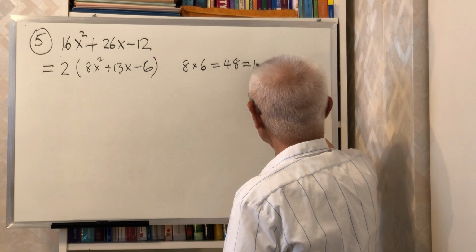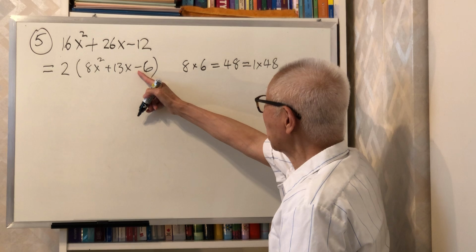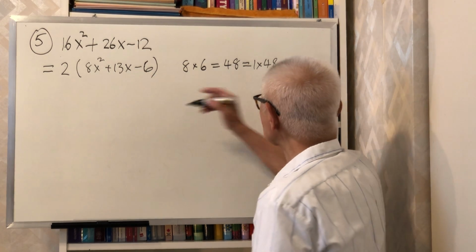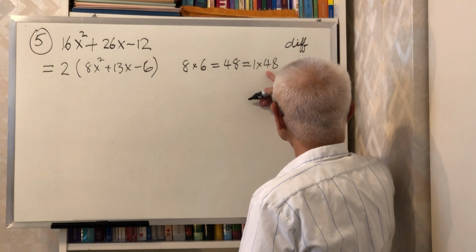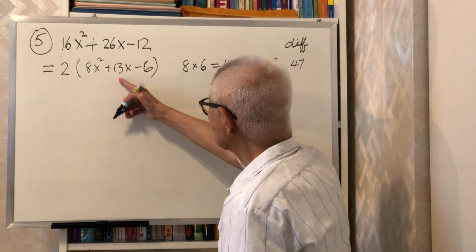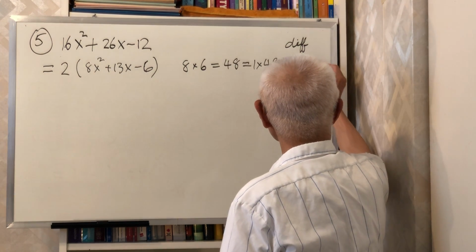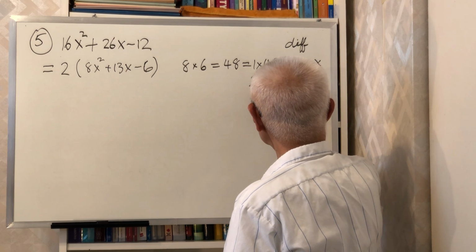48 is 1 times 48. This minus sign tells me I need to take the difference. The difference is 47, which is not 13, so it's not 47. 48 can be 2 times 24.